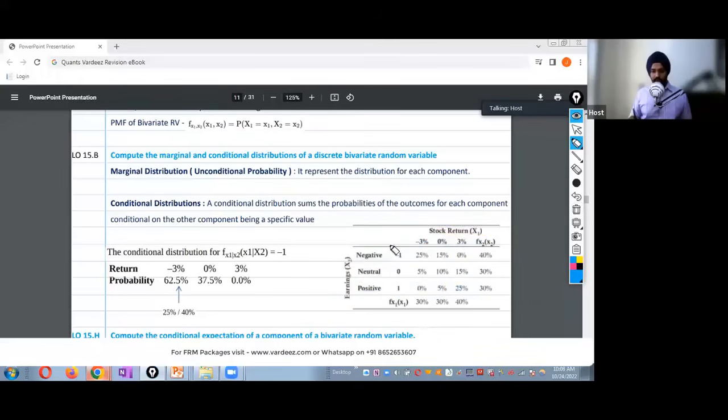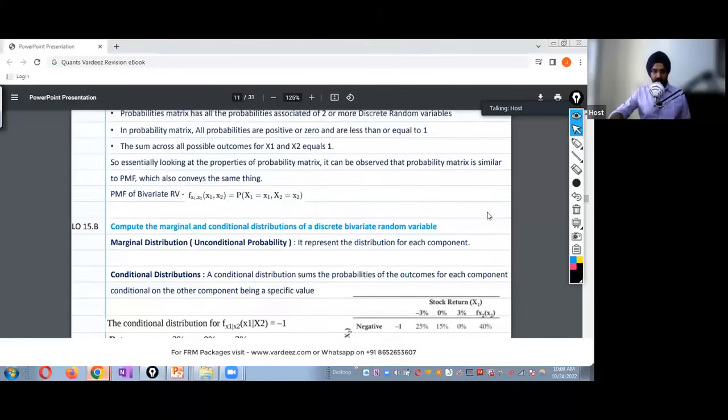By looking at this probability matrix, you see that once you add up all these probabilities, 40, 30, 30, it's going to be 100. Add these up vertically, and horizontally as well, that's 25, 5, 30, this 30, this 40, it's also going to be 100. So that's the good thing about a probability matrix, and this matrix satisfies that.